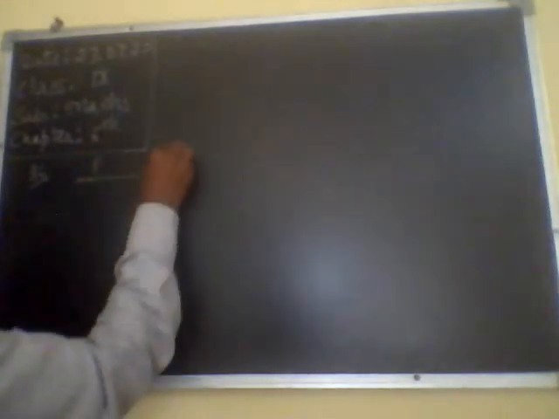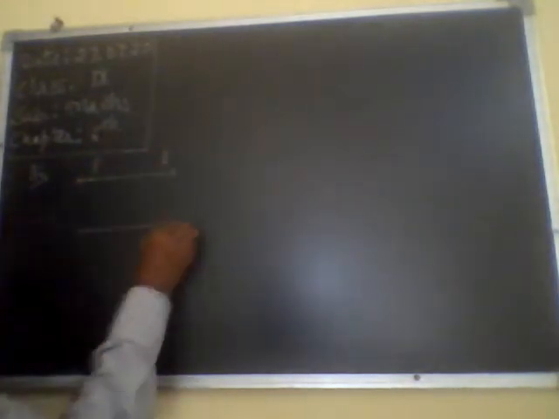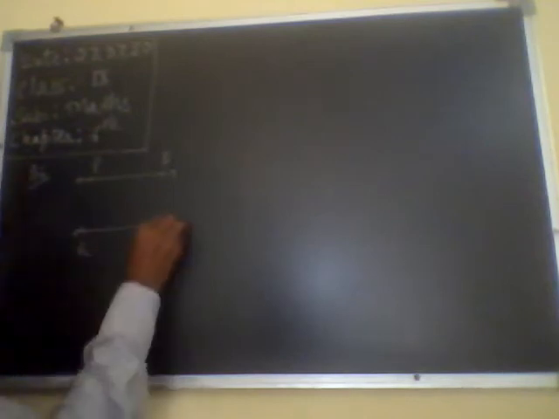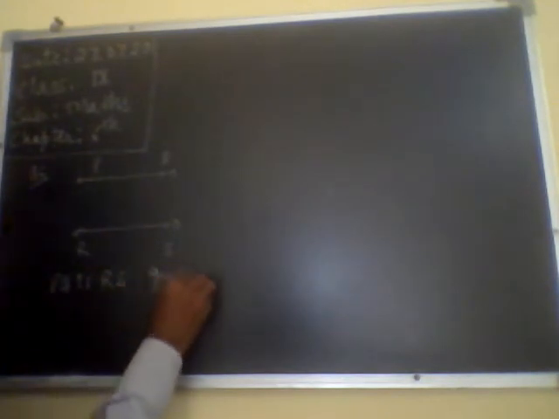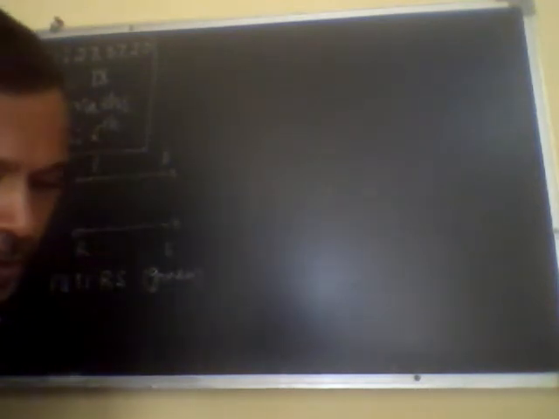So the figure is given. PQ and RS are two parallel mirrors. So PQ parallel to RS is given in the question.